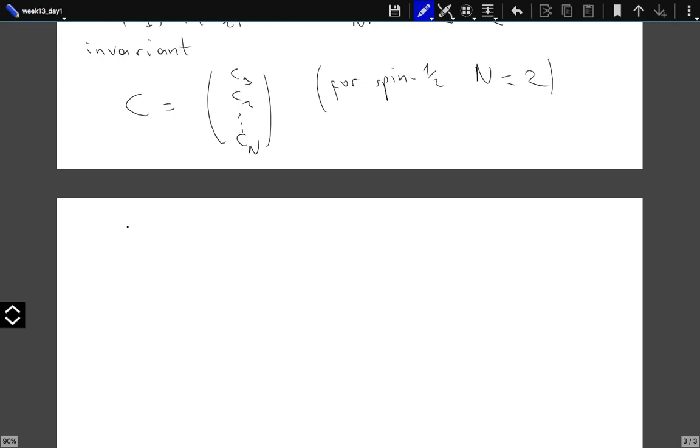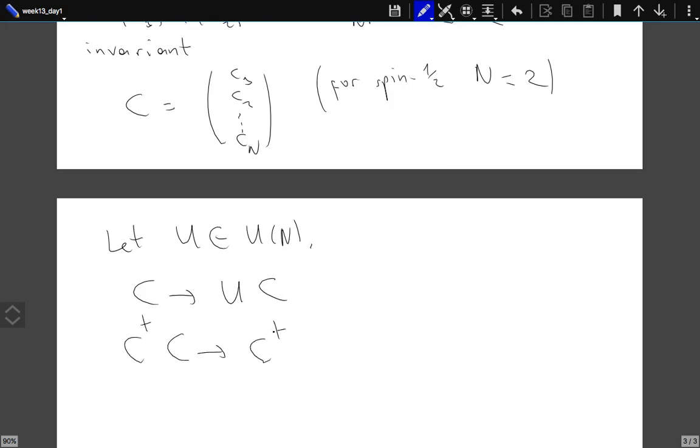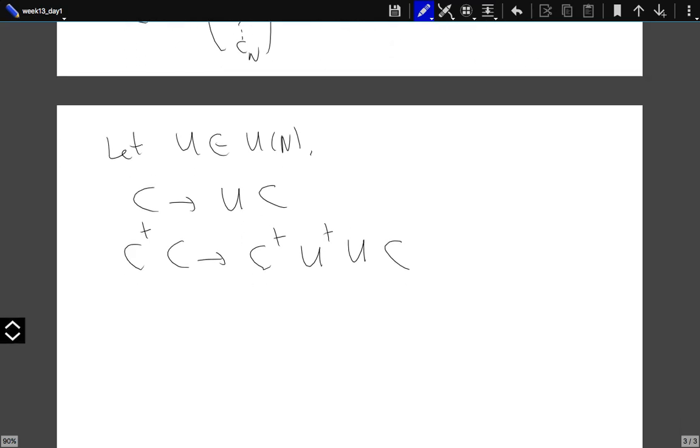So if you take any element of this UN, then C would just go to U times C. C dagger C will go to C dagger U dagger U C. And we want this to be equal to C dagger C. But that tells me that U dagger U should be equal to 1.